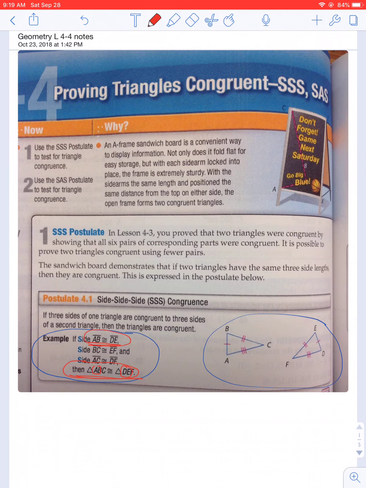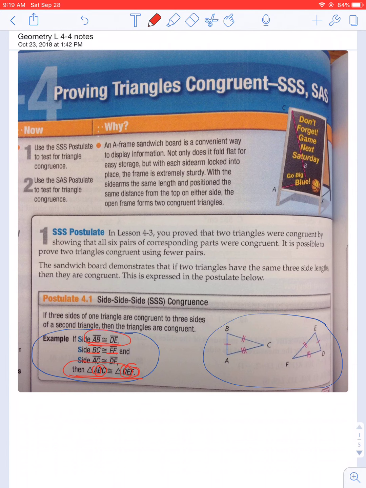That's also how you know to write the congruency statement. You have to make sure that if you're mentioning AB first on this first triangle, then you have to list DE first on your second triangle when you're naming it. Likewise, BC is congruent to EF, and you'll notice that BC and EF are both in the same positions.